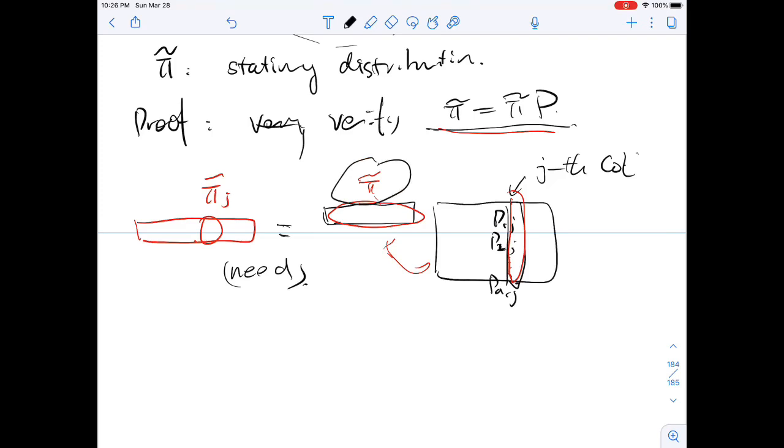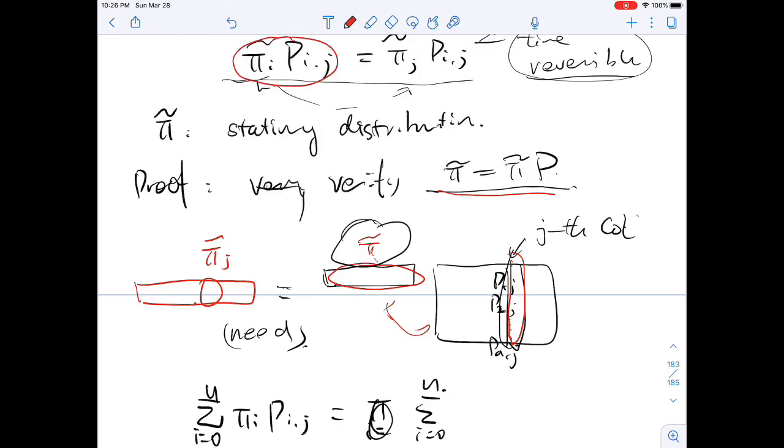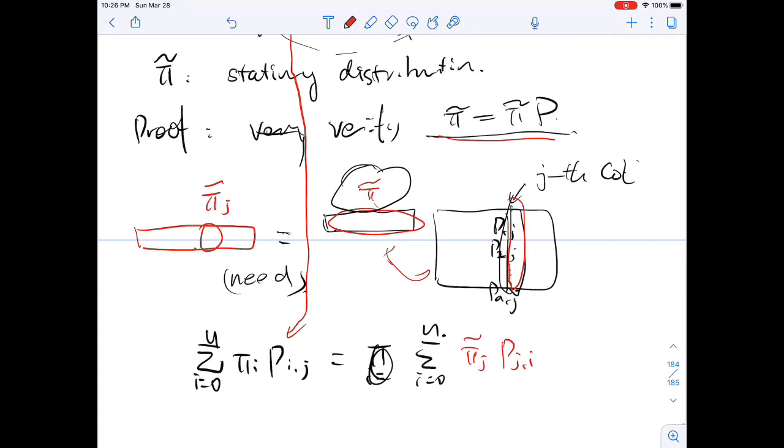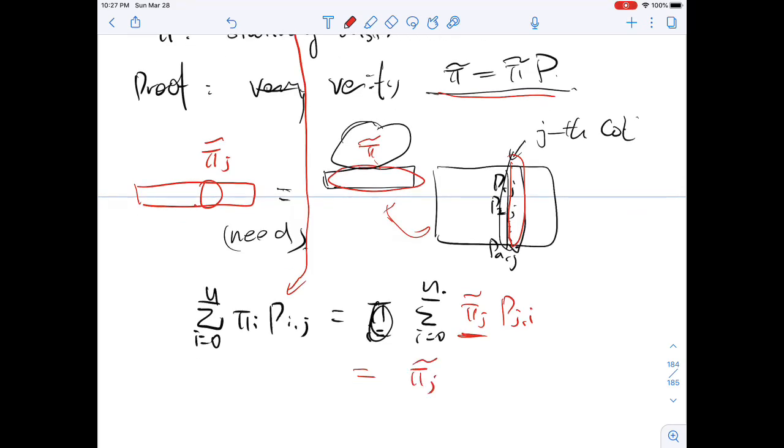But this whole thing is pretty straightforward. If I multiply pi tilde with this column, I get the summation over i from 1 to n of pi tilde i P_ij. Let's use the equation here: pi tilde i times P_ij actually equals pi tilde j times P_ji. Then there's one common term, so I can pull this out. This is pi tilde j times the summation over i from 1 to n of P_ji.